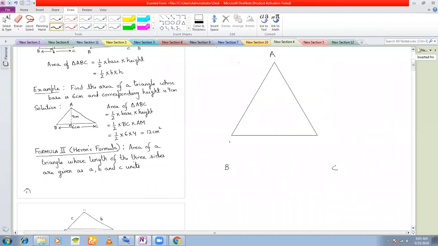So A, B, and C. Let us take the height from A. Height is given to be 4 centimeters, and the base is given to be 6 centimeters.